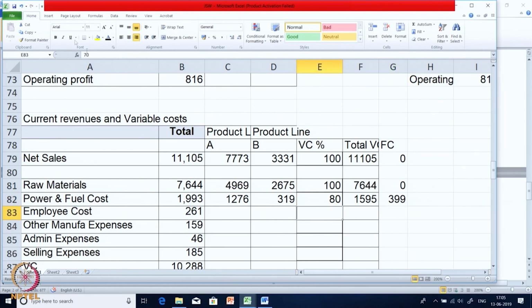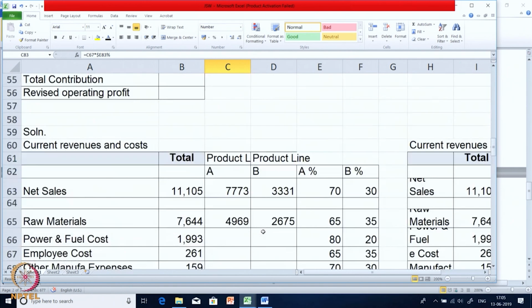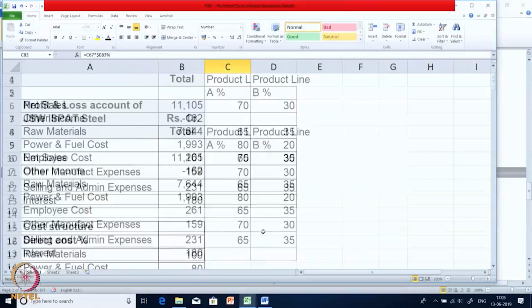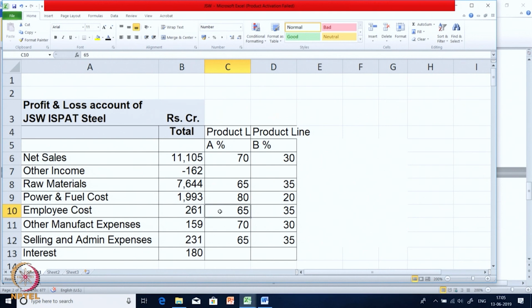Now, let us do it for all the costs. For employee cost, 70% is variable. So you can calculate the total variable and total fixed, and then divide it as 119 and 64. For employee cost, you know the ratio was 65-35.